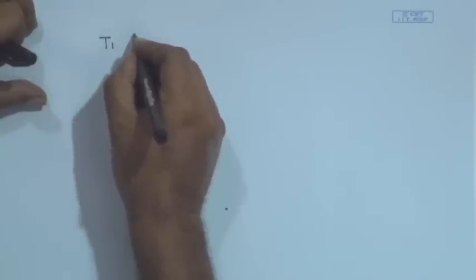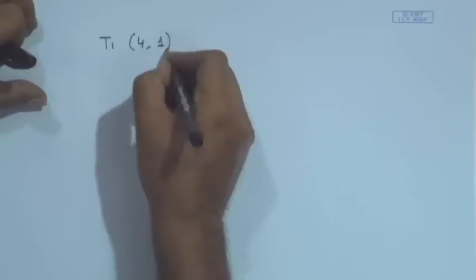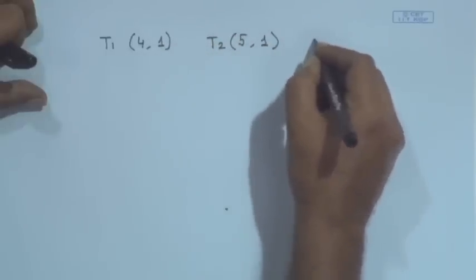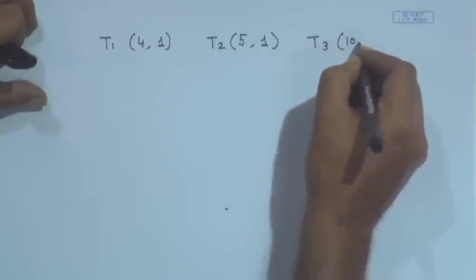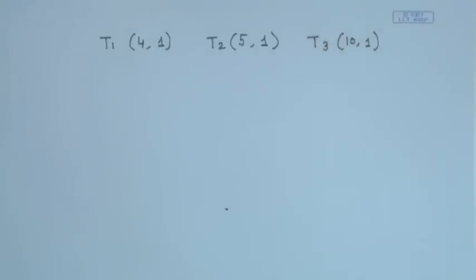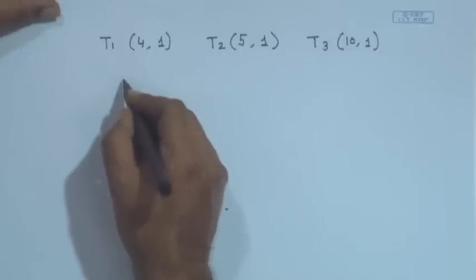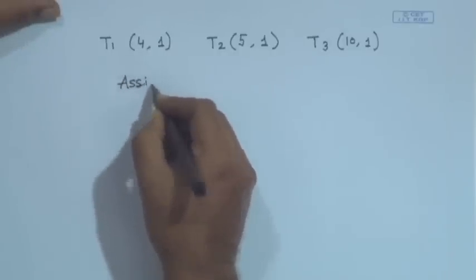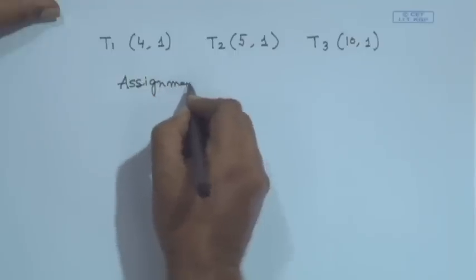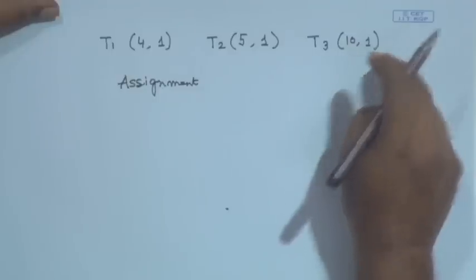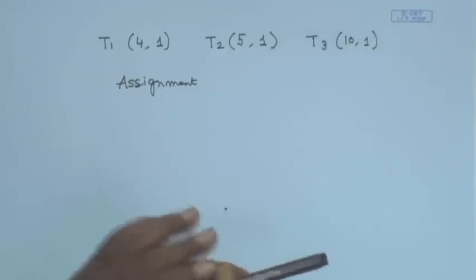T1 is 4 1, T2 is 5 1, I am changing it a little bit, T3 is 10 1. All right. It is an assignment, I am keeping it as an assignment. Test the scheduling criteria, whether it is schedulable or not. If it is schedulable, find out a schedule. Okay. Under RM, under rate monotonic scheduling.